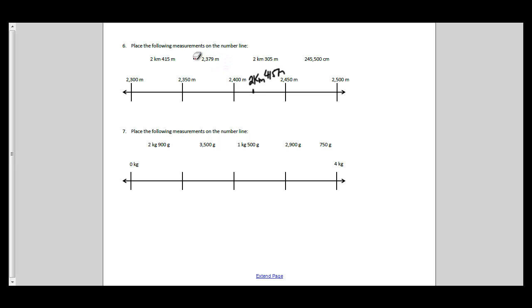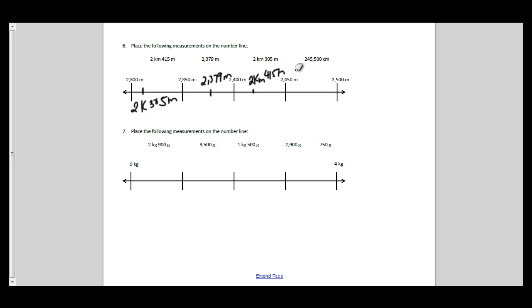And I've got 2,379 meters. I bet you can figure out where that goes. See if you can figure out where this one goes. Put it all the way down here because this is the same thing as 2,305 meters.